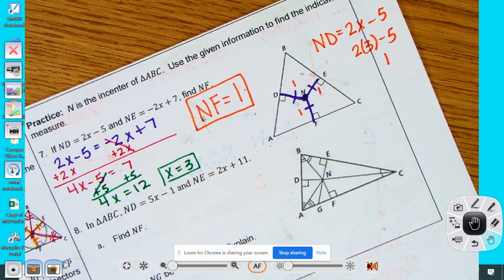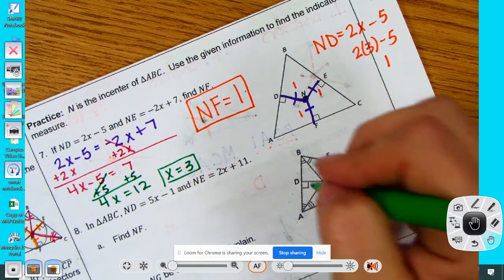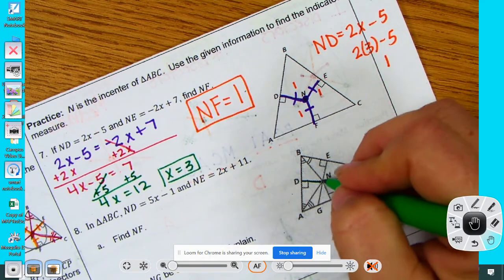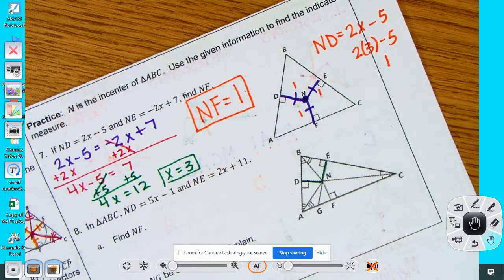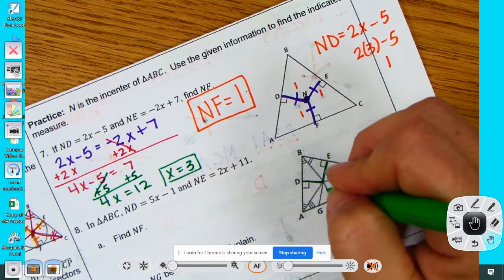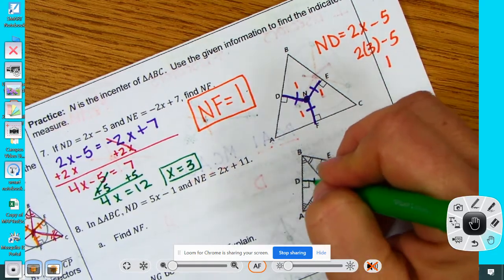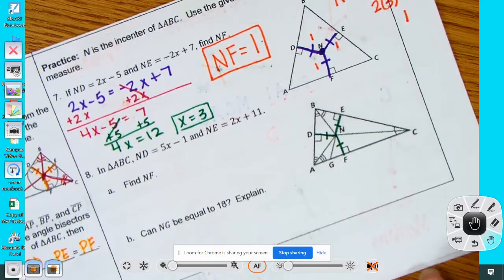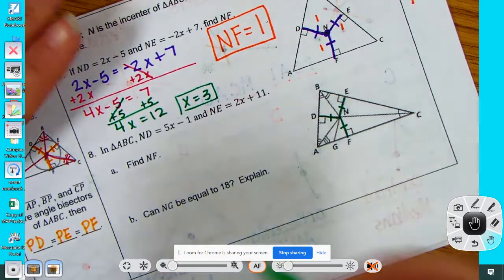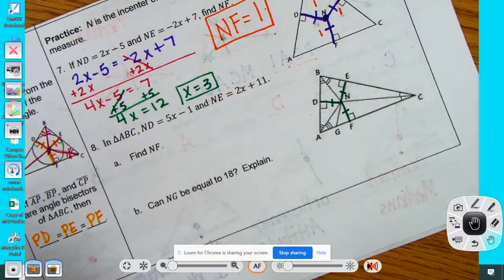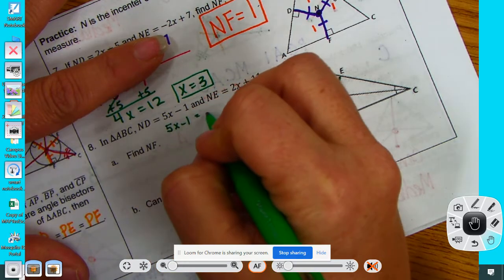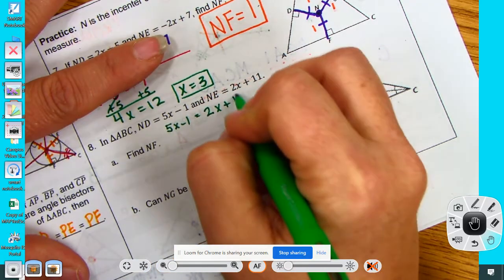So we're going to do it one more time. This time it tells me ND is 5x minus 1. NE is 2x plus 11, and it says to find NF again. Well, remember, these three are all equal to each other. So 5x minus 1 is equal to 2x plus 11.